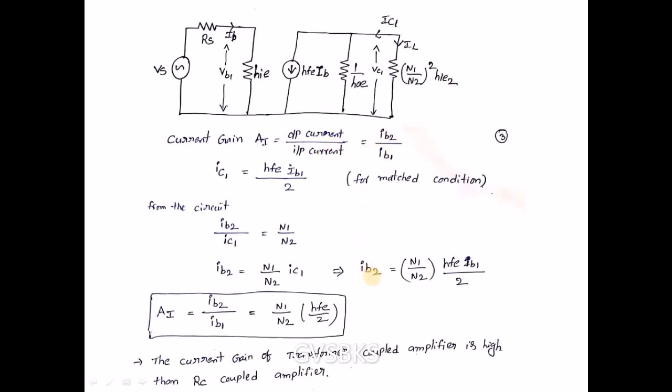In this equation, IB2 is in the left hand side and IB1 is in the RHS, so that we can write the AI, the current gain equation, as IB2 divided by IB1, which is equal to N1 by N2 into HFE by 2. And one thing we can observe, the current gain in the transformer coupled amplifier is very high.